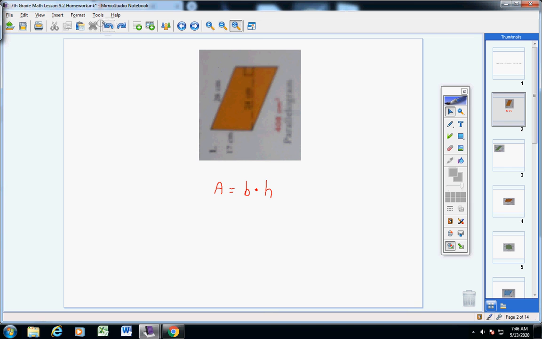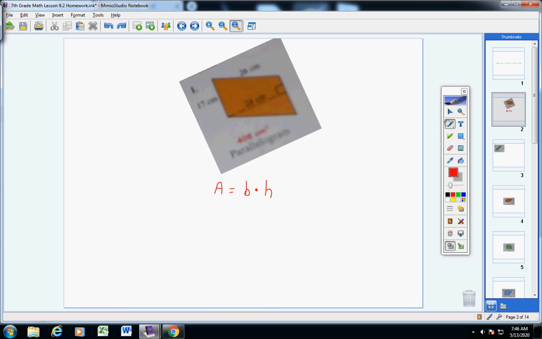So if you're going to call this your base, then you have to know this height right here, and you don't. Okay, so guys, please do not call this your base.